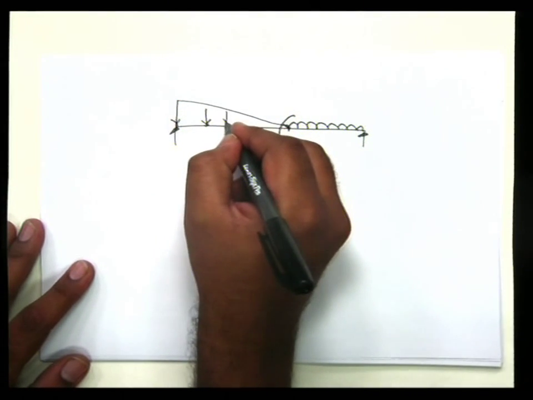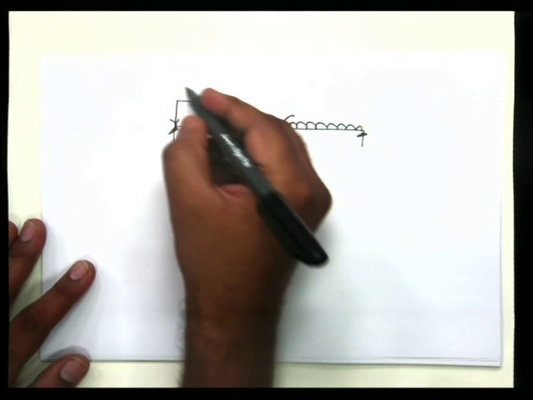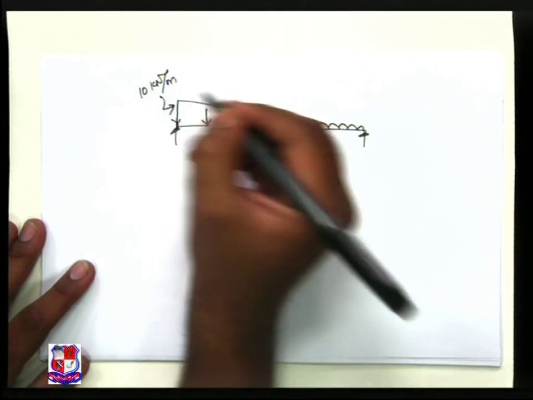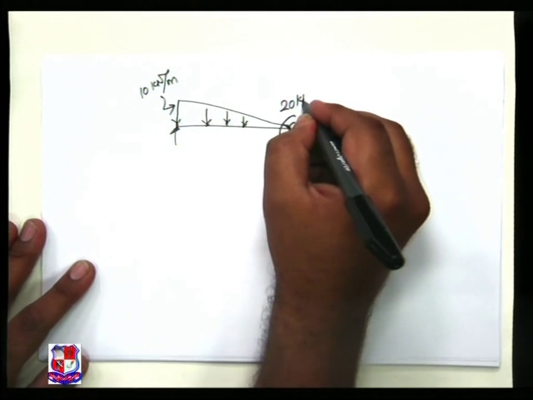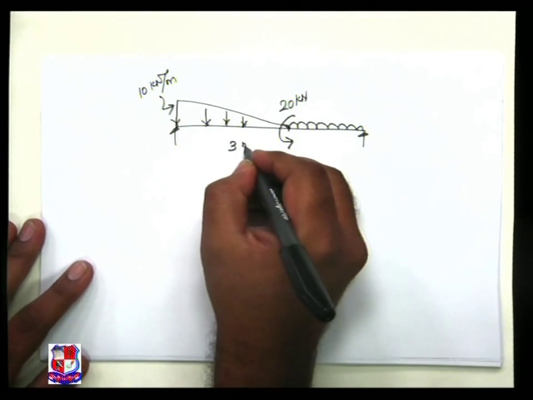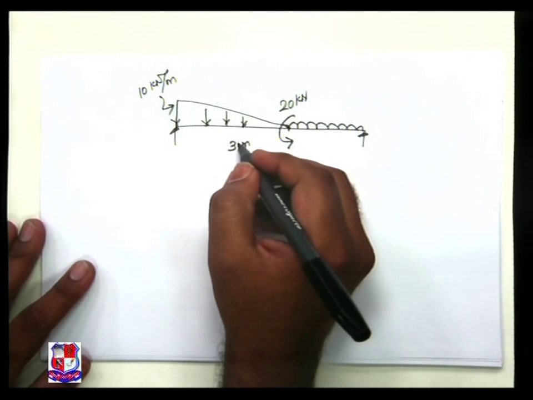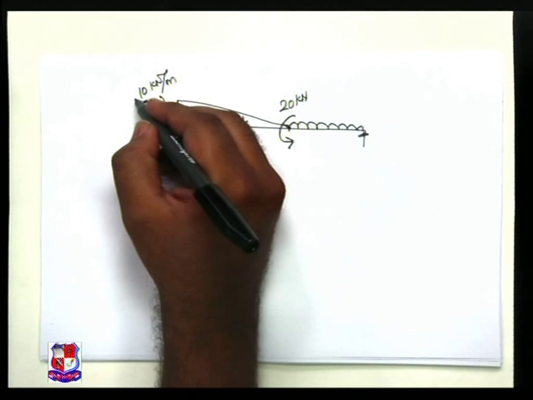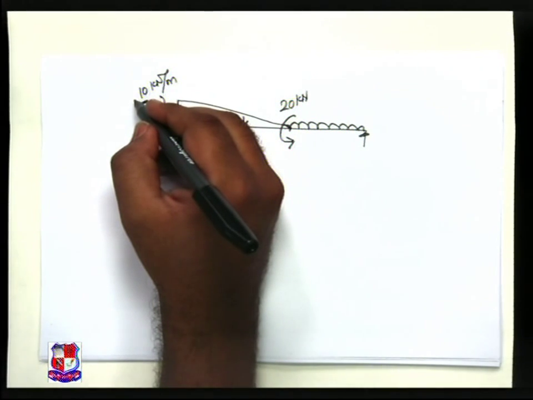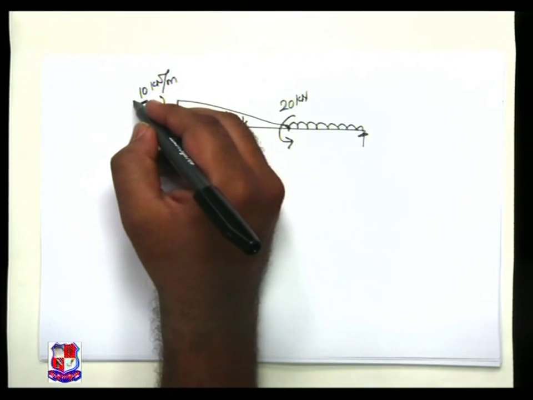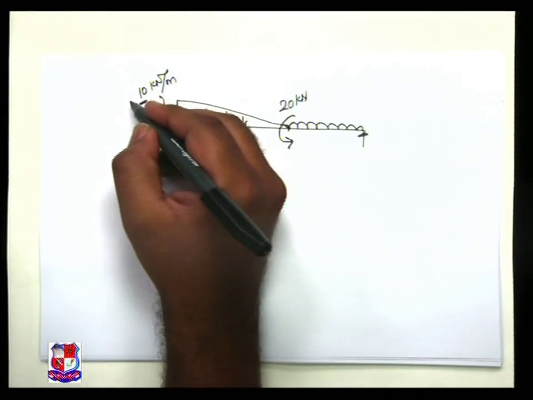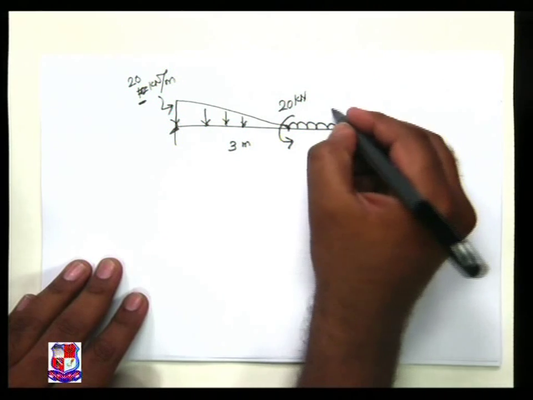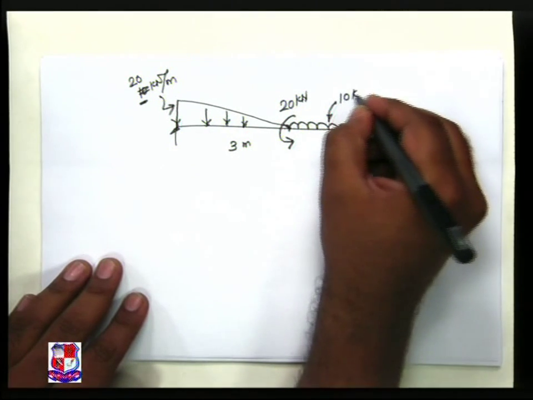The magnitudes: this is 20, over 3 meters. I think it is 20. Yes, it is 20. This value is 20. This is 10.